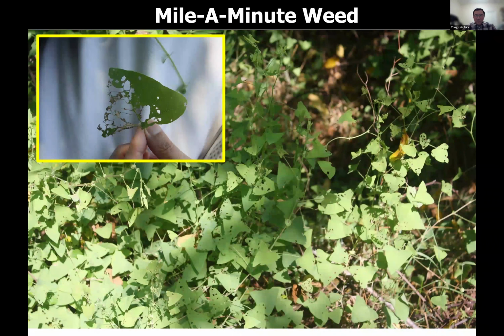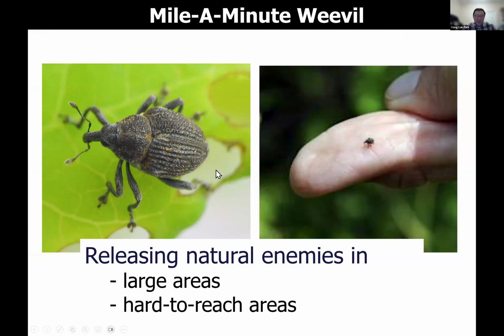The good news is we imported natural enemies and they are eating the leaves of mile-a-minute. It looks huge, but that's the actual size: tiny, half a centimeter, 0.5 centimeter. We are going to release these natural enemies in large areas, especially areas hard for humans to access. So how can you do that?